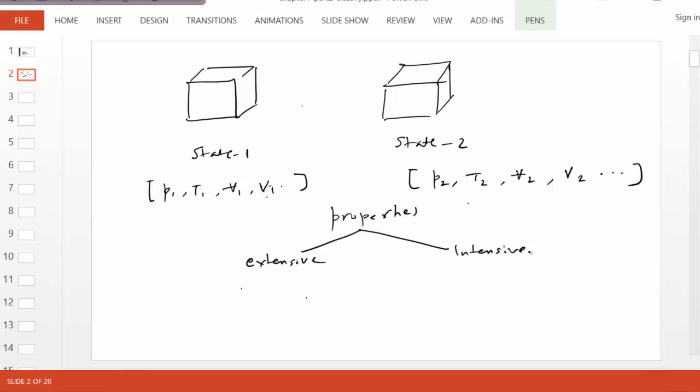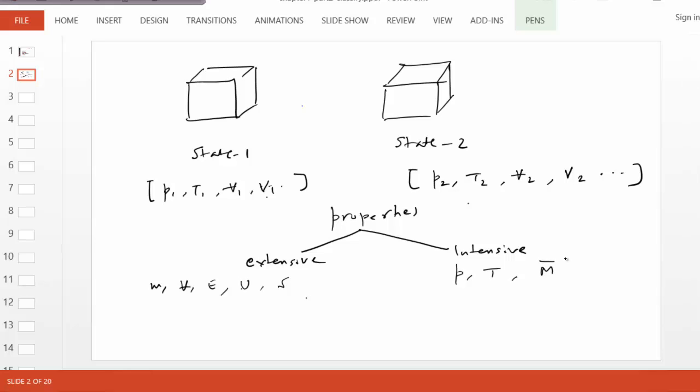Once again, what is the difference between the two kinds? Extensive properties are additive. If you have two identical systems and merge them together, the properties will double. Examples could be mass, volume, energy, of course all the components of energy, entropy, etc. On the other hand, intensive properties could be, we are already familiar with, pressure, temperature, molar mass.